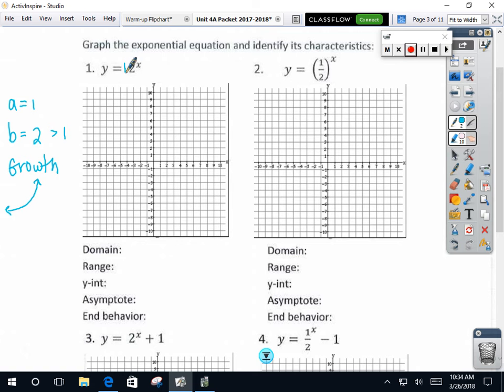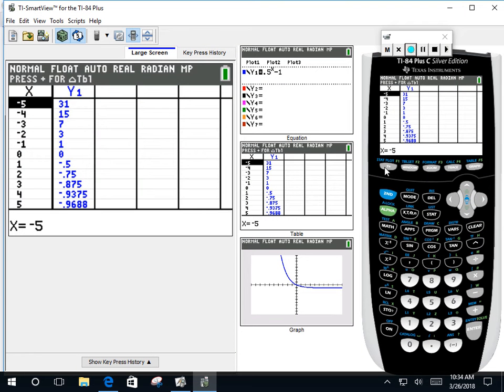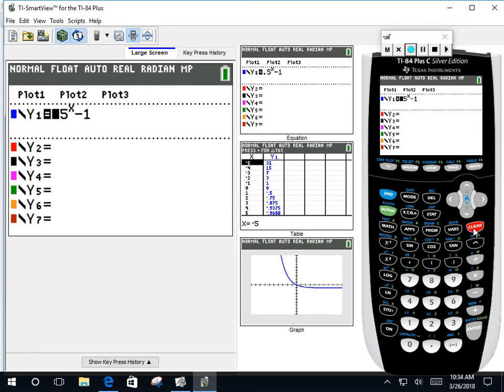You don't have to type in the 1. Just y equals 2 to the x. No, 2 raised to the x power. To raise something, you hit this button below clear. Raised.